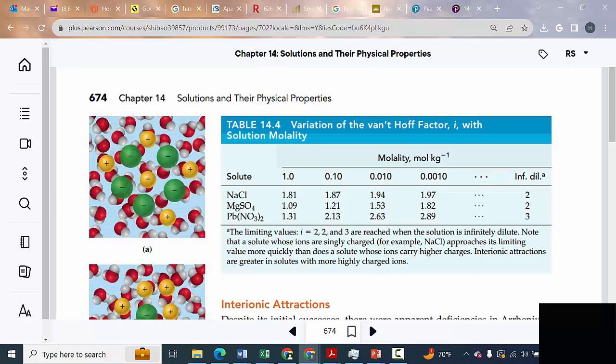Ideal is infinite dilution, which is not really realistic for us. As the solution becomes more concentrated, it starts to deviate from ideal behavior. For Chem 1A and Chem 4, we're just not going to worry about it. We're just going to say it's a strong electrolyte and it's going to ionize 100%.